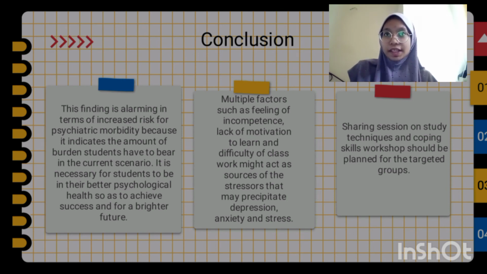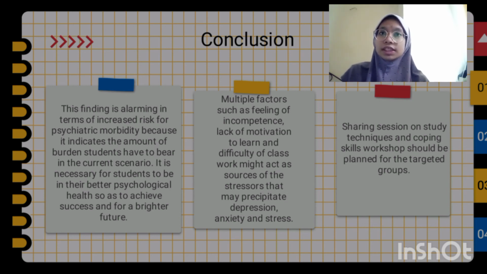In conclusion, this finding is alarming in terms of increased risk for psychiatric morbidity because it indicates the amount of burden students have to bear in the current scenario. It is necessary for students to be in better psychological health so as to achieve success and a brighter future.